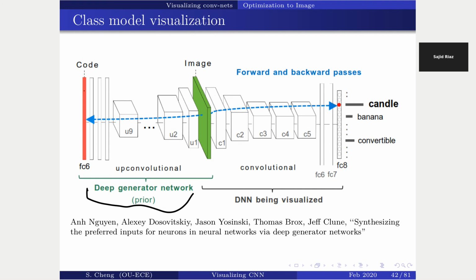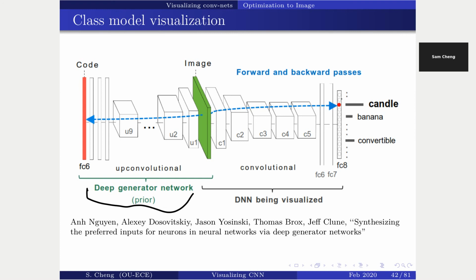From the paper, usually it's stochastic, but this one seems not to be. So you give a different code, you get one exact image. We try to train the code so as to maximize a particular class. It's pretty simple in this case.